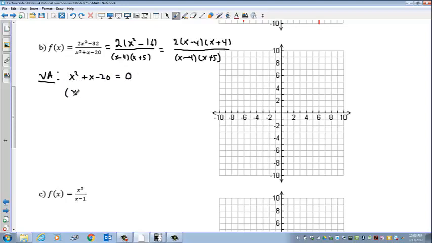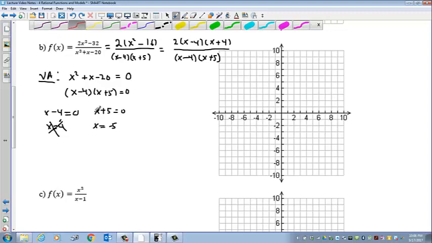And you can factor it like we just did, x minus 4 times x plus 5 is equal to 0. And so then you can say, either x minus 4 is equal to 0, or x plus 5 is equal to 0. And you get your two answers, right? X equals 4, or x equals negative 5. But just one of these is correct. So let's put an x through this one. This is not a vertical asymptote. It's actually a hole.